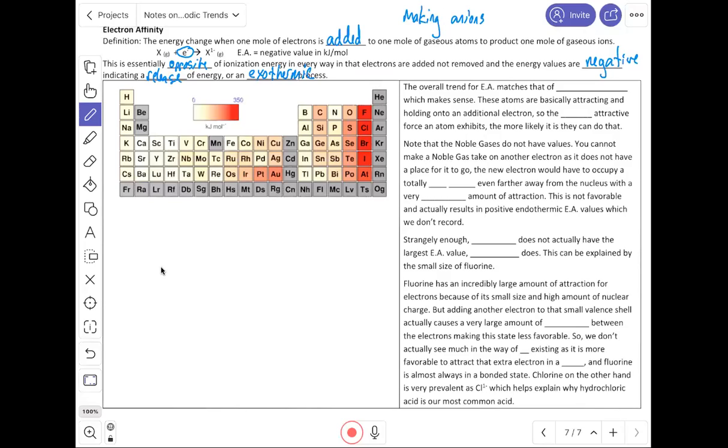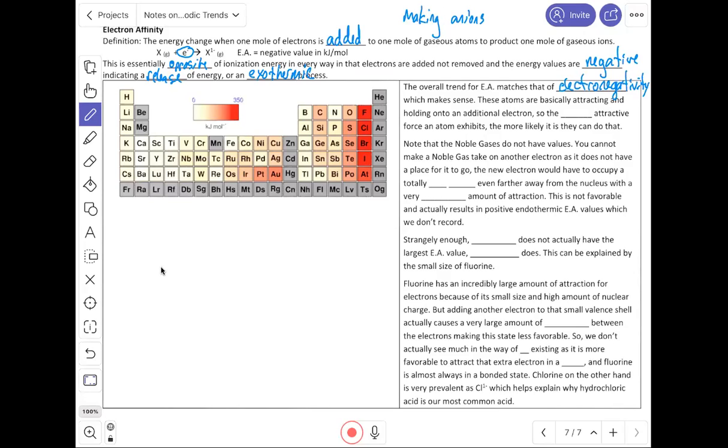So the way this works is electron affinity is essentially the exact same as electronegativity. So much so that most textbooks don't even mention electron affinity because they just substitute electronegativity for all of it. They are different, however, because electron affinity is taking an electron, and electronegativity is pulling bonded electrons.